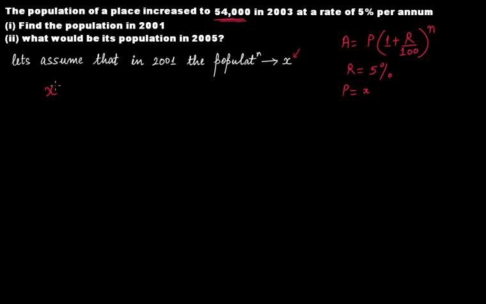So after 2 years it's actually 54,000, right? If we put this X into this formula with 1 plus 5% for 2 years, the population after 2 years is 54,000, because it's written here that it increased to 54,000. It means that every year it has increased by 5%, and after that increase it has reached 54,000 in 2003.